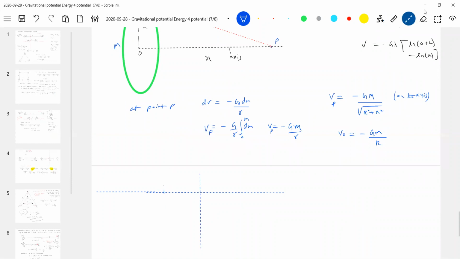Take it like this. This will be minus GM by R, and afterwards it will keep on decreasing. Why should the curve be like this?